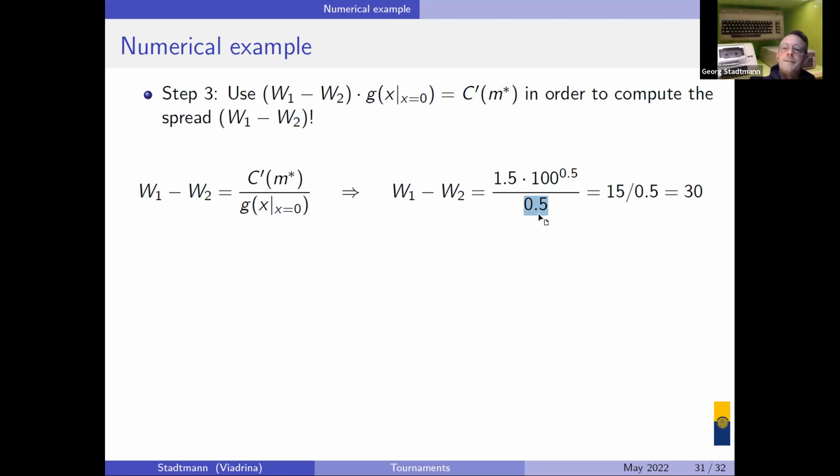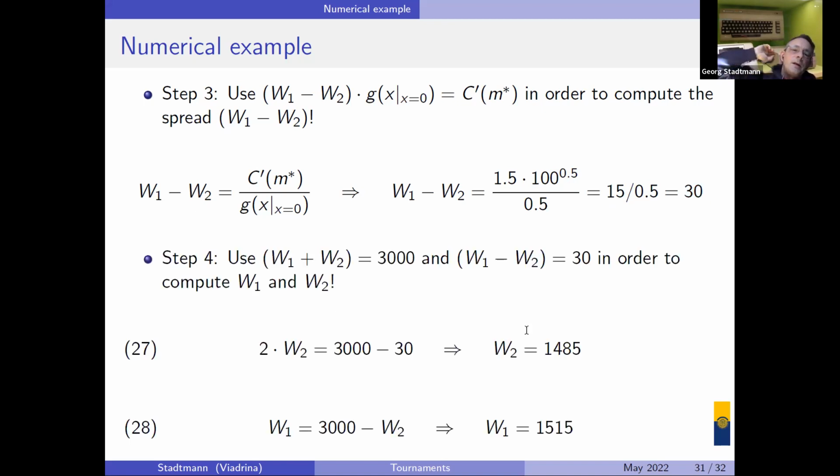So this is equal to 10 times 1.5, which is 15. 15 divided by 0.5 is equal to 30. So the optimal spread is equal to 30.